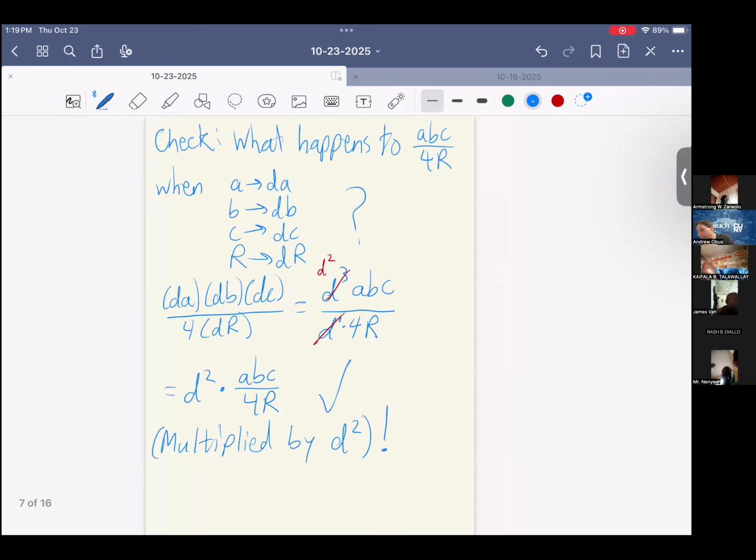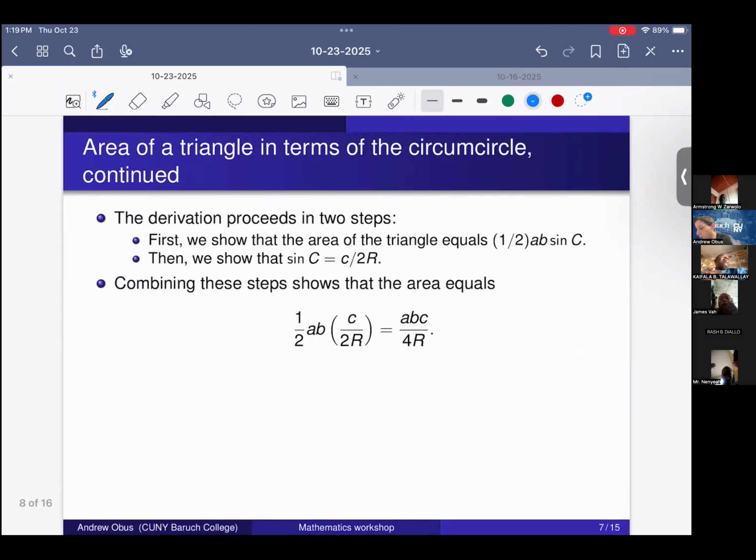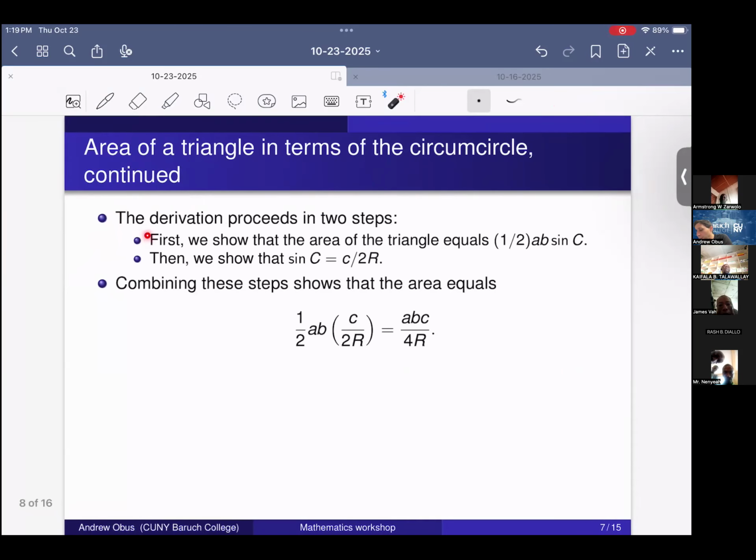Okay, so let's actually prove this. How do we do the area of a triangle in terms of the circumcircle? Well, the derivation first proceeds in 2 steps. First you show that the area of the triangle is equal to 1/2 AB sine C, and second, you show that sine of the angle C equals little c divided by 2R.